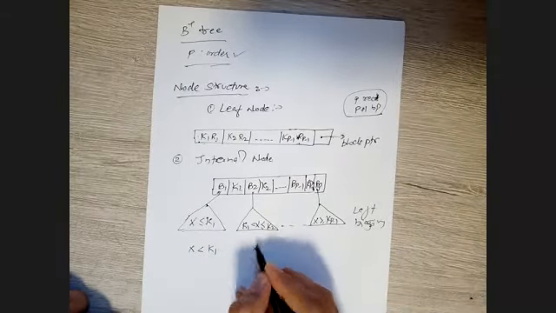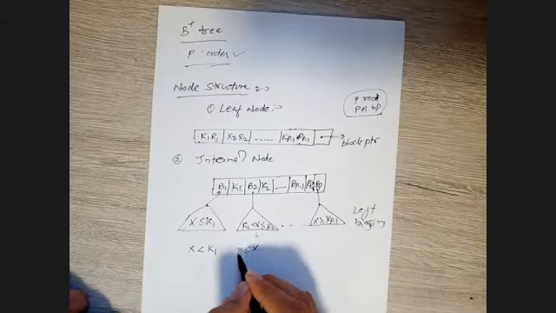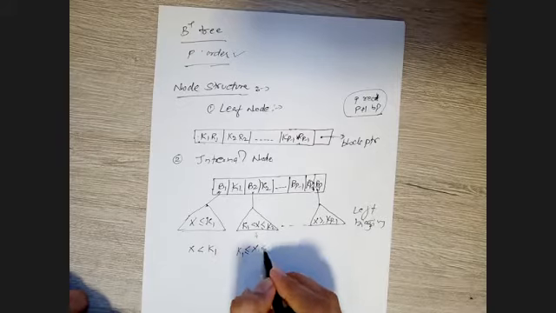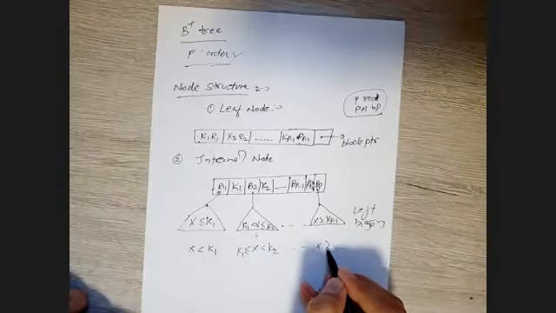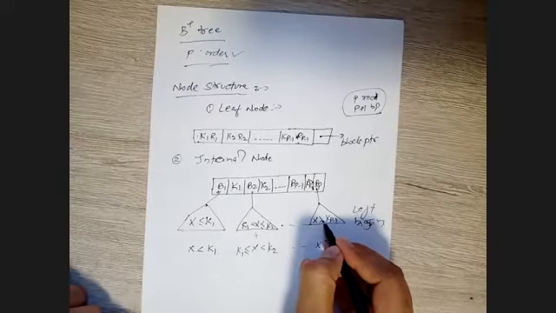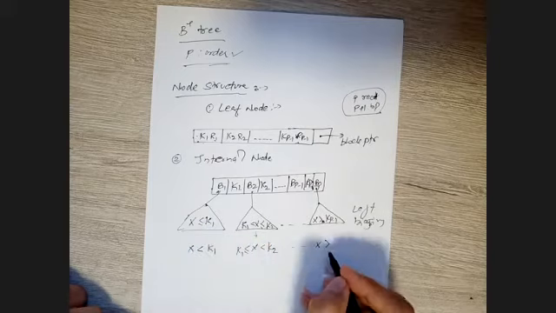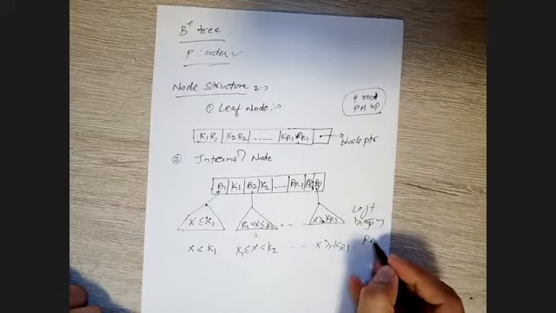Here this value changes: X is greater than or equal to K1, and then less than K2, this way. And the last is only greater than or equal to K p minus 1. Because we are doing the left side there, it was not equal, but here it will be equal to K p minus 1. This is for right biasing.